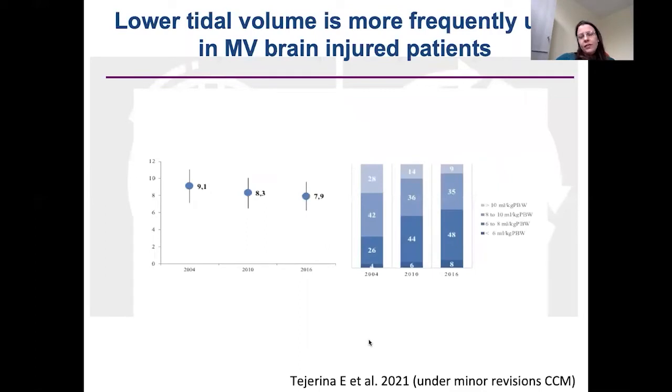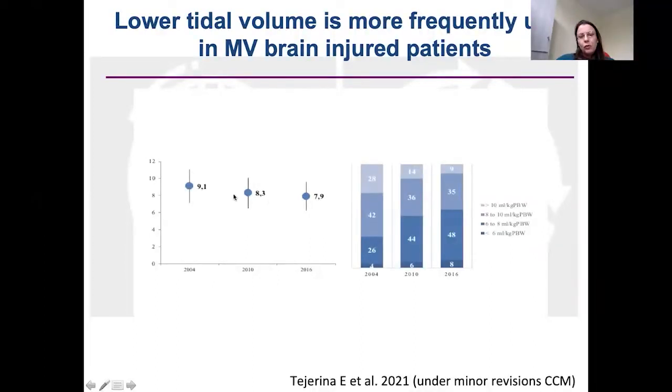What's happening in the ICU? This is an interesting paper which is going to come out in Critical Care Medicine soon, including 3 different cohorts from 2004, 2010, and 2016. And what we analyzed were the changes in the ventilatory settings among these 3 cohorts. This is the tidal volume, for example.